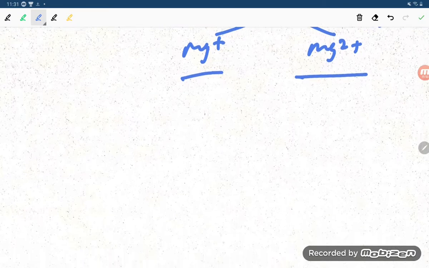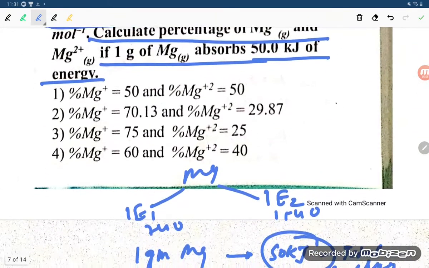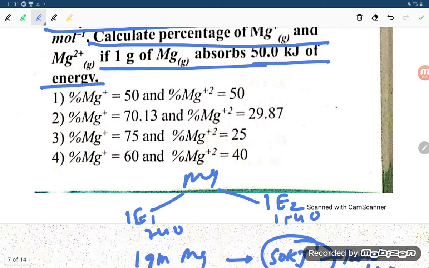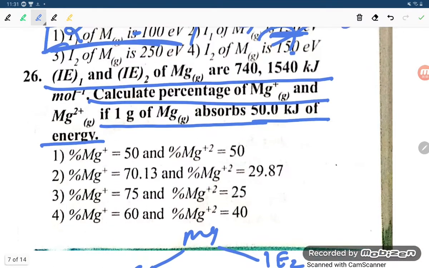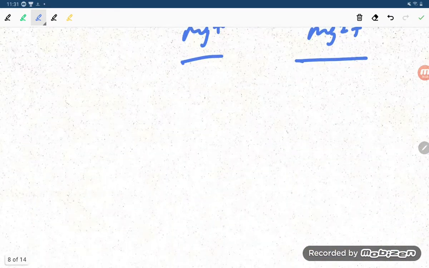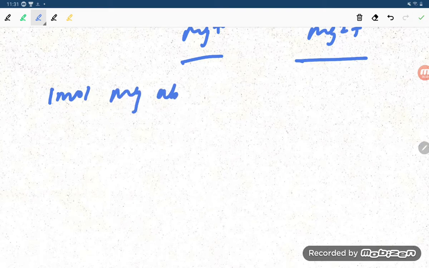Okay, so 1 mole is already given. Per mole their ionization energies are 740 and 1540 kilojoule per mole. So 1 mole of Mg absorbs 740 kilojoule.